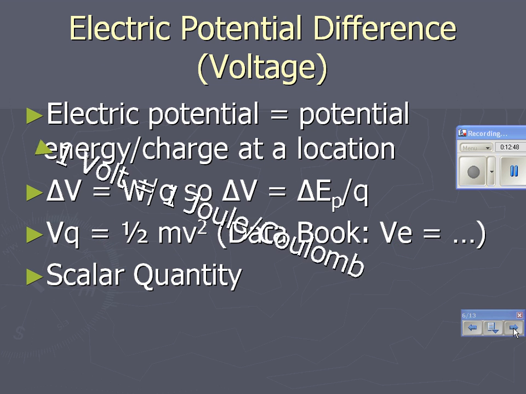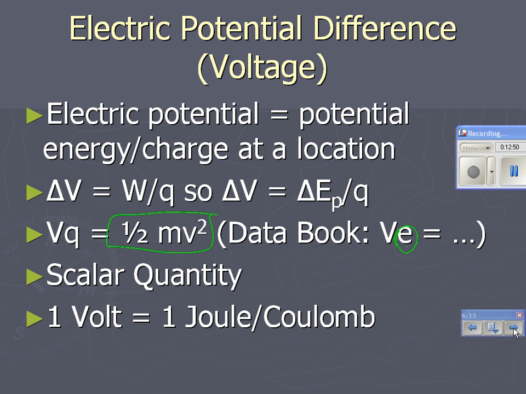It's a volt, named after Alessandro Volta, the great Italian physicist. And 1 volt, this will be helpful in your understanding, is equal to 1 joule per coulomb. Remember, joule is the unit for energy. Coulomb is the unit of charge.